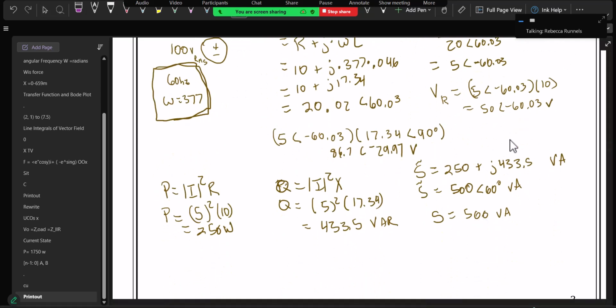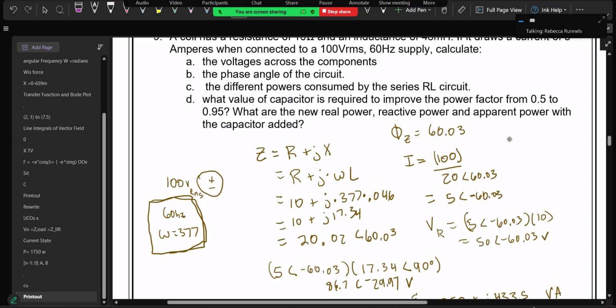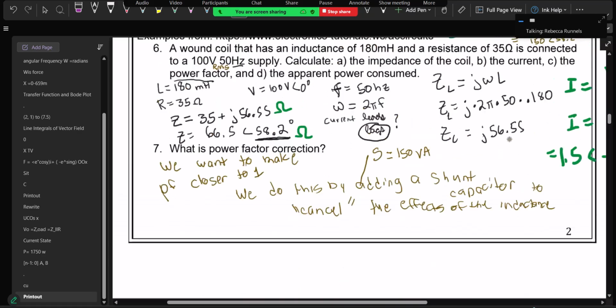So the power factor is P over S, which is 250 over 500, which is 0.5. And so that is not a very good power factor. So to improve that power factor from 0.5 to 0.95, what would we need to do?